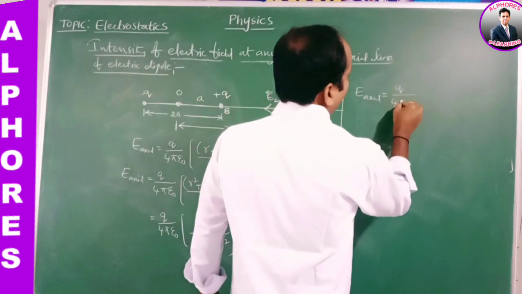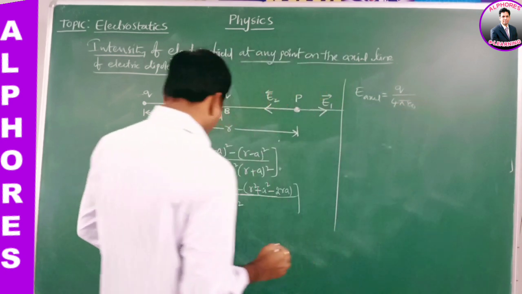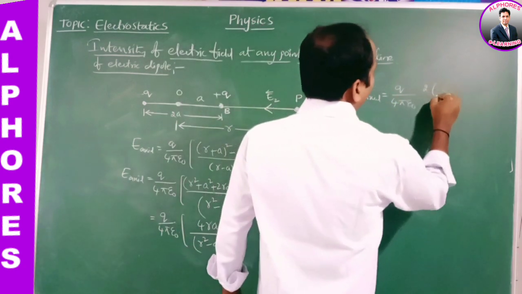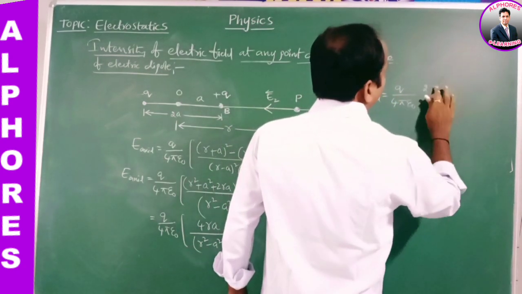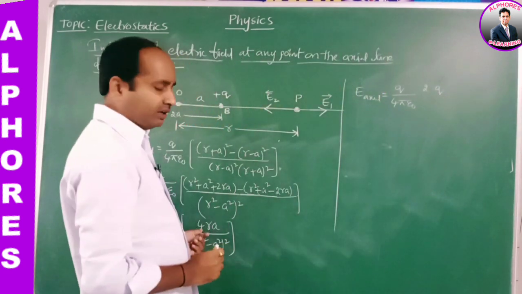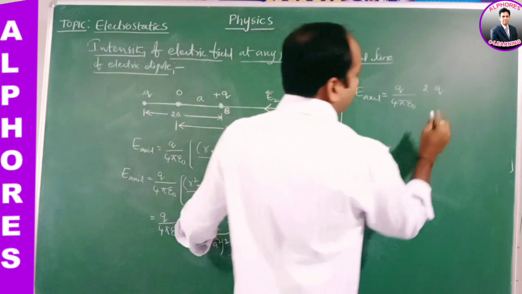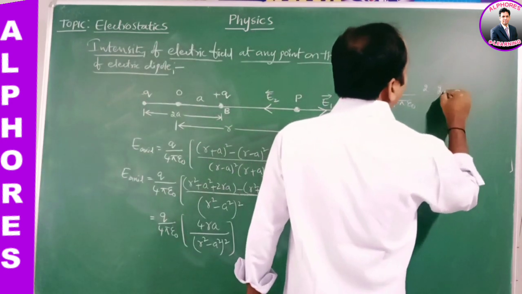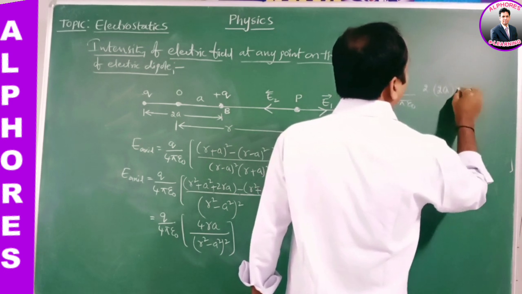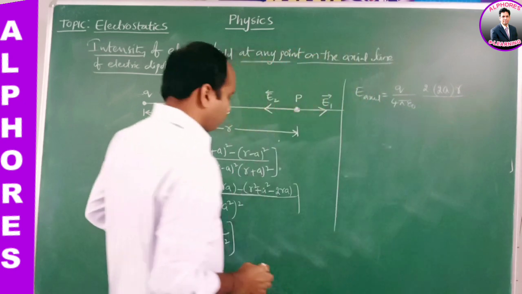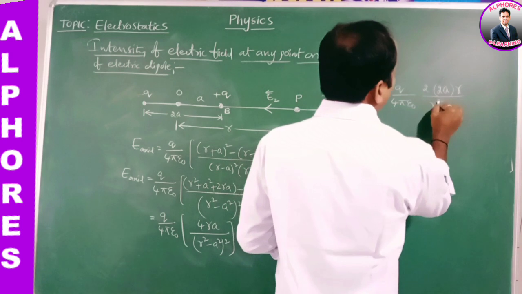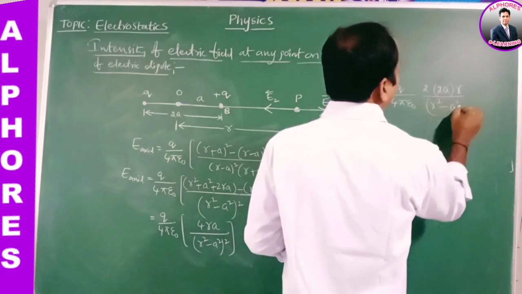Here 4ra can be written as 2 into 2aq r, over (r square minus a square) whole square.